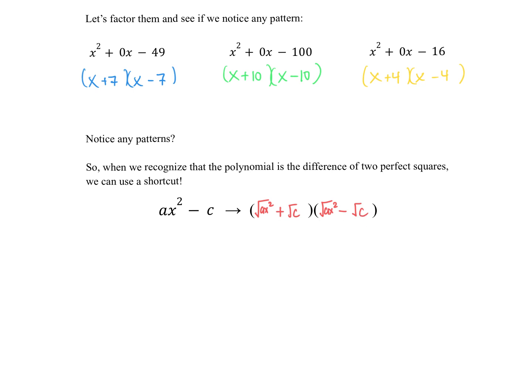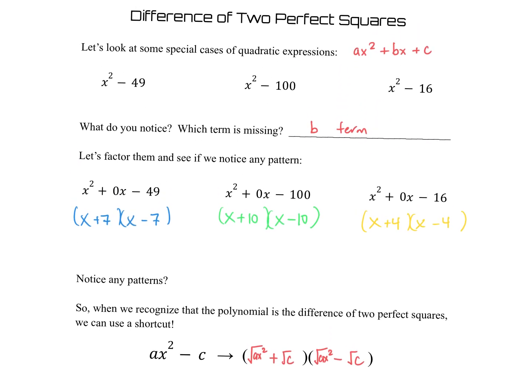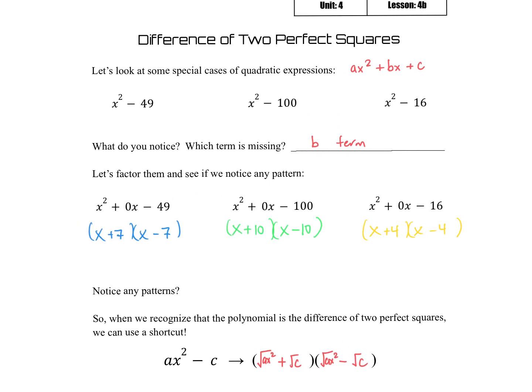Let's go back to the top one last time. What I notice is I have the difference of two perfect squares. So I immediately put down my parentheses, one plus, one minus. What's the square root of x squared? What times itself gives you x squared? X and x.